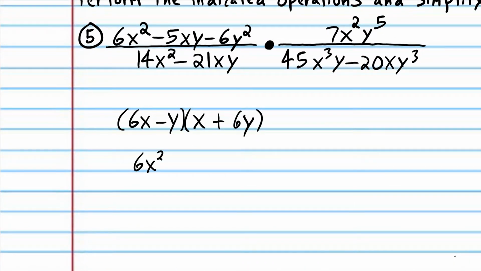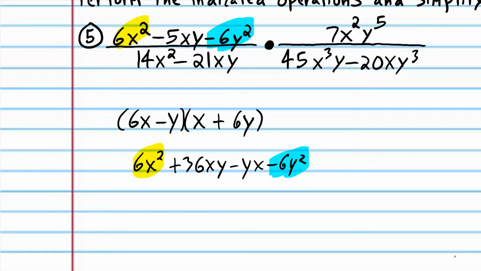F of foil, O of foil, I of foil, L of foil. And we know that F works because that's the way we designed it, and we know that O works, L works because that's the way that we designed it. But the question is, do these inner terms add up to negative 5xy? And obviously they don't. They add up to 35xy. So we need to change things around.